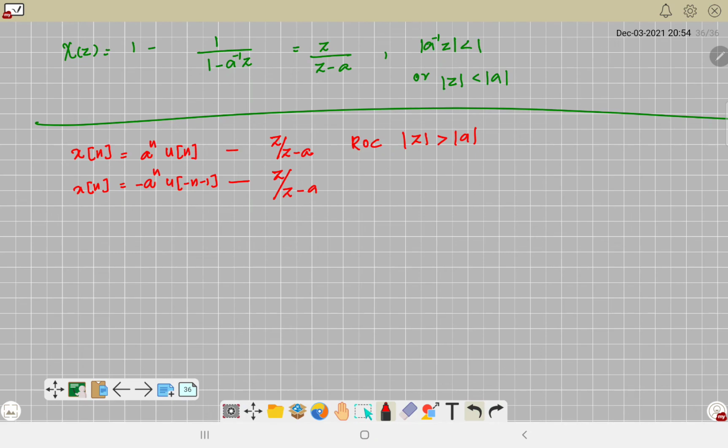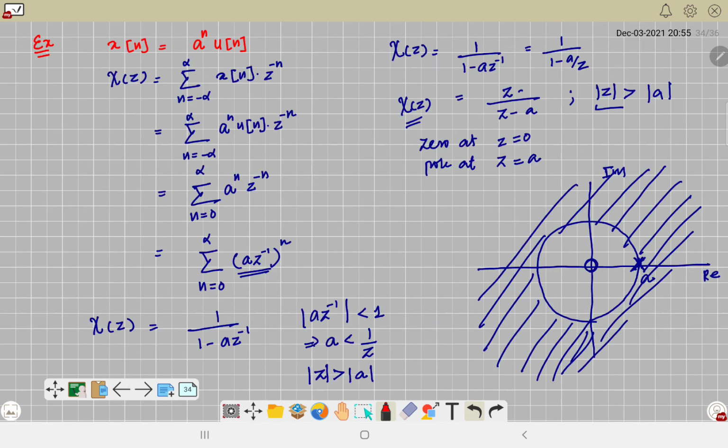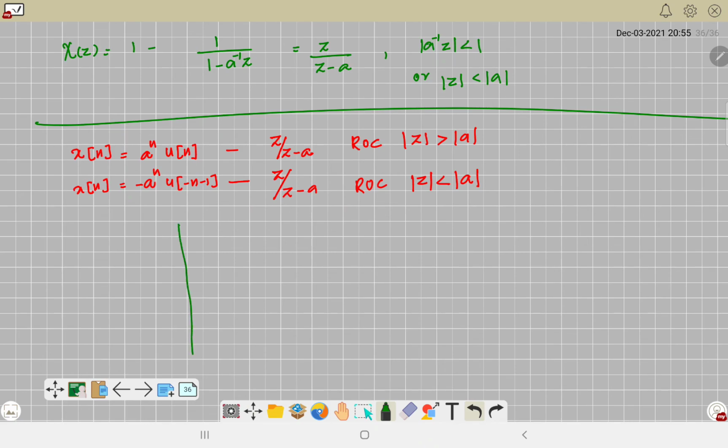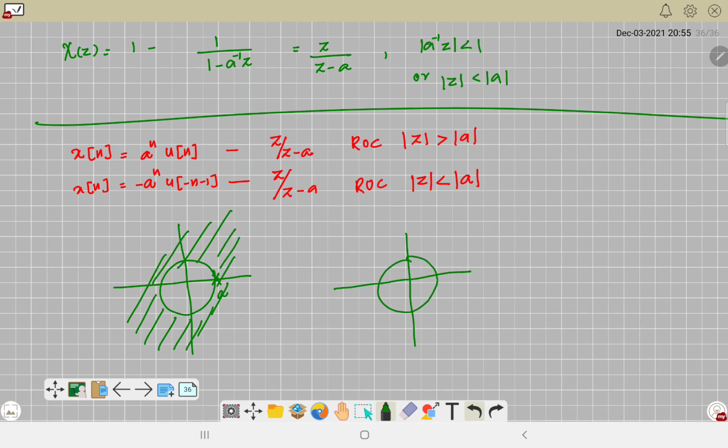That means it was outside the circle with radius a. And the second one's region of convergence is z less than a. That is, it is within the circle of radius a. So this was the region of convergence for the first case, outside this circle. In the second case, it is something like this, inside this circle.